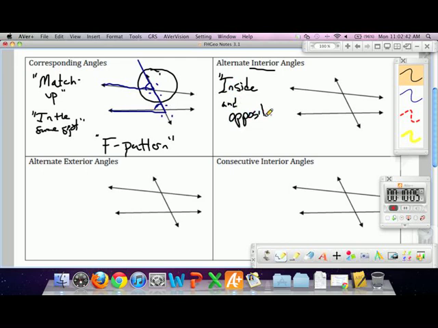If I choose, say, this one, then the opposite one on the inside would have to be this one. Inside and opposite. If you draw in the rays, you get this. This is also known as a Z pattern. And again, the other pair fits as well. It's a Z pattern of angles.